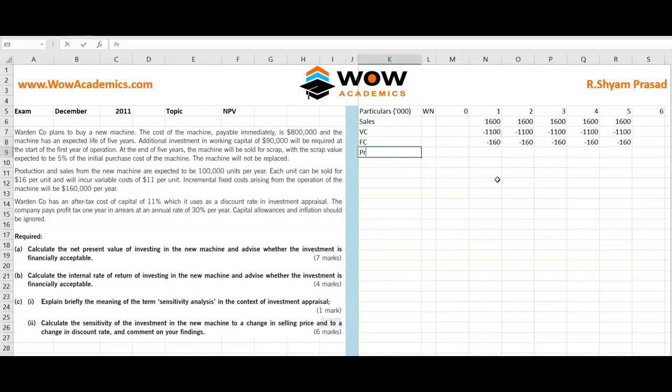If we sum these numbers, we are going to get profit before tax. Why do we sum it? Because the income is positive and the costs are negative. So we got our profit before tax.